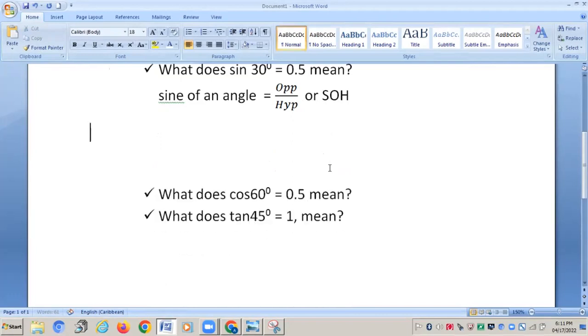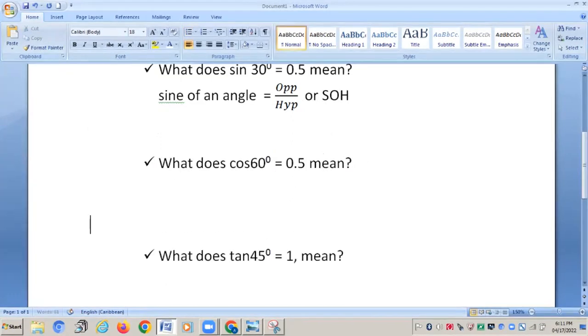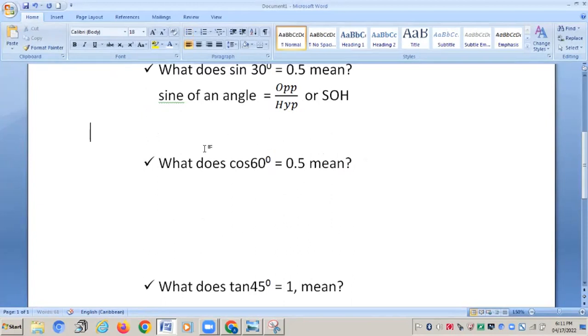And then the same thing with cos, but cos has a different formula. So the cosine of an angle, it always has to be an angle here. So when you have sine, cos, and tan, what must be beside it?